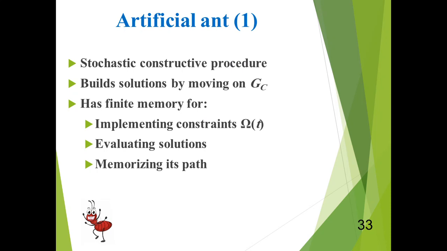Artificial ants: stochastic constructive procedure. Build solution by moving on GC, has finite memory for implementing constraint Omega, evaluation of the solution, memorizing its path.